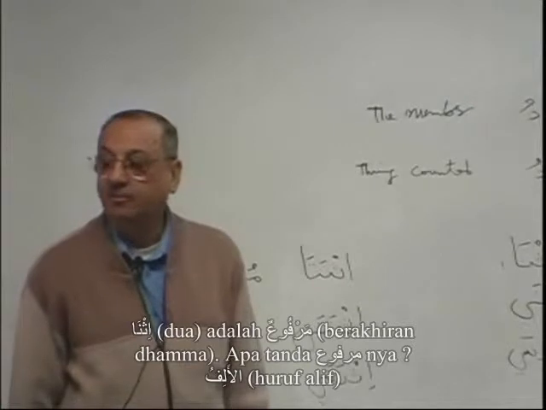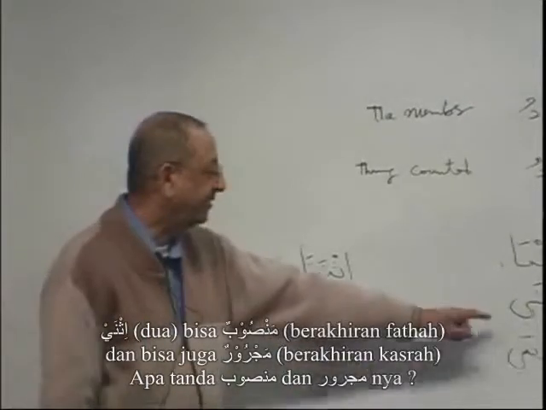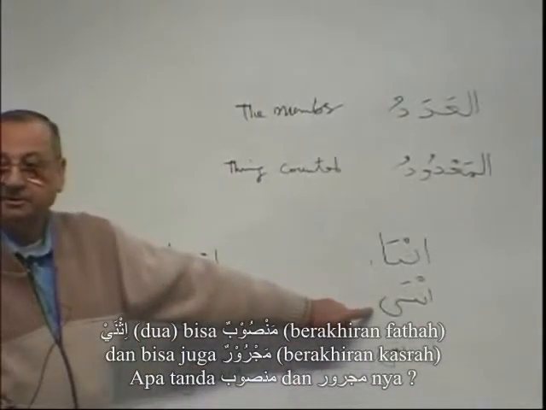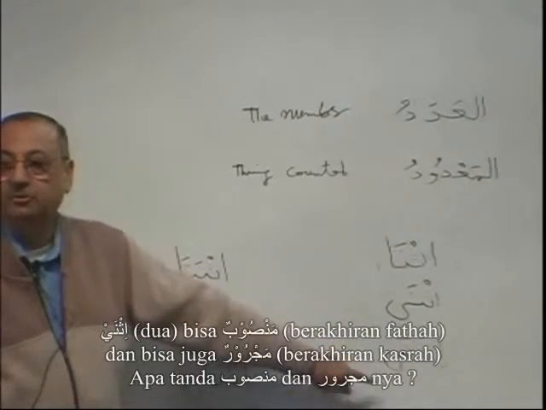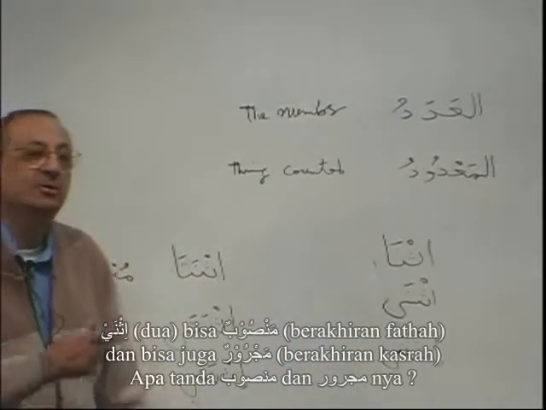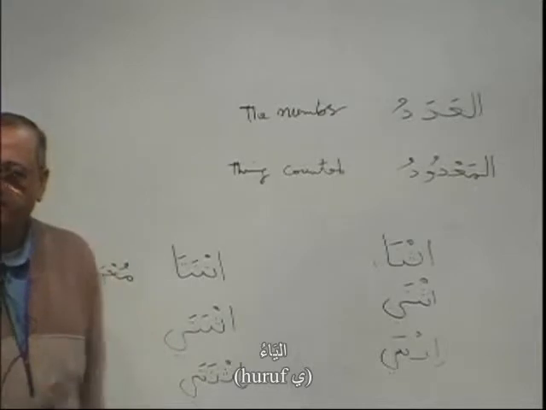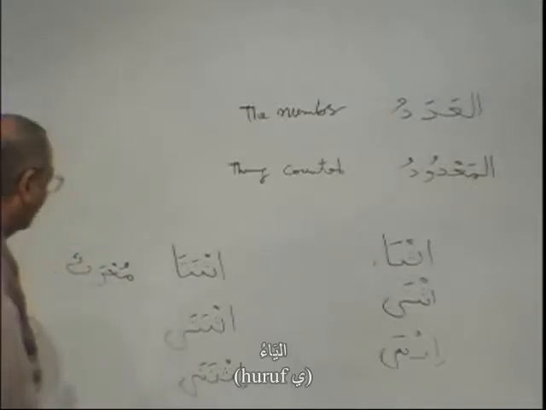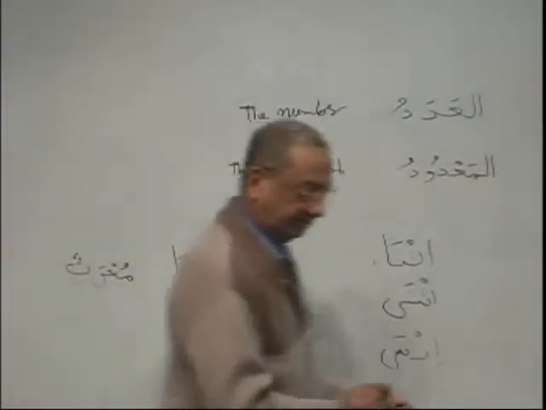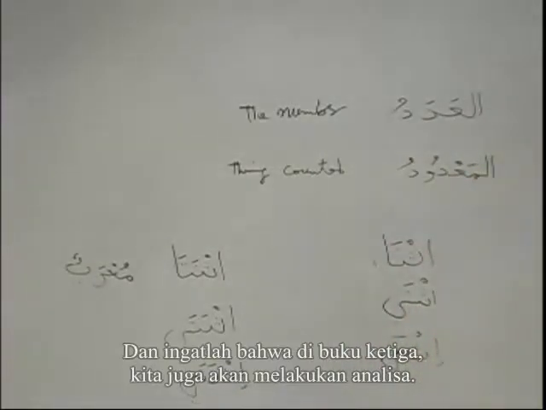What is the sign of marfu'? Alif. If it is ithnay, it can be mansub or majroor. What is the sign of mansub and majroor? Ya. If you remember that, then you are doing beautifully, brother. So, again, you will remember, and in book 3, we will be doing analysis also. Okay.